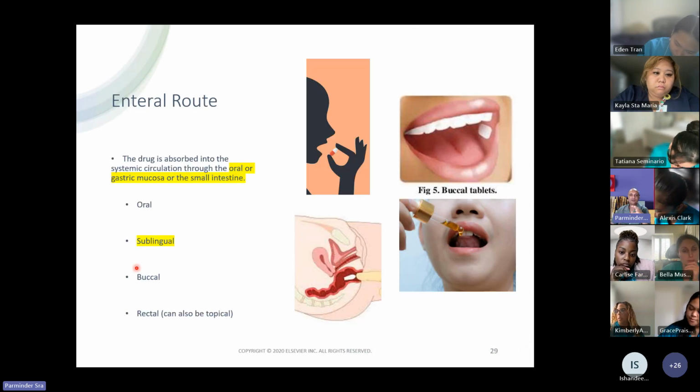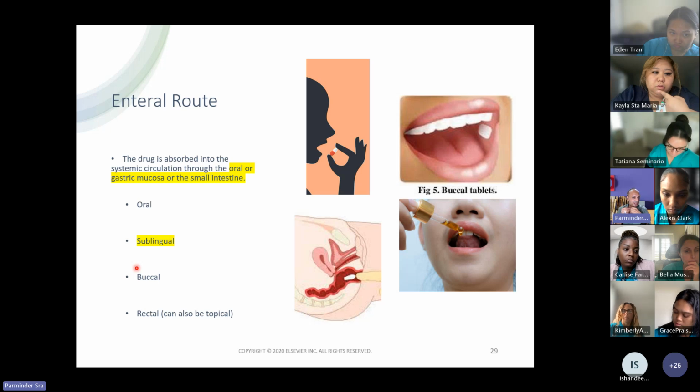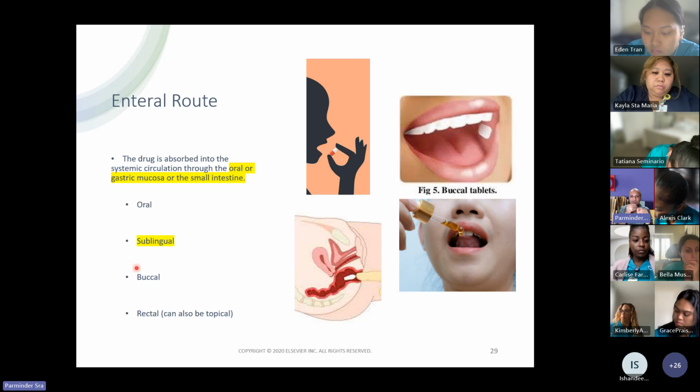A different type of route, as we talked about, enteral or parenteral. Enteral refers to your administration of medication directly into the GI. It could be oral, it could be via tubes like your NG tube or jejunal tubes, right?